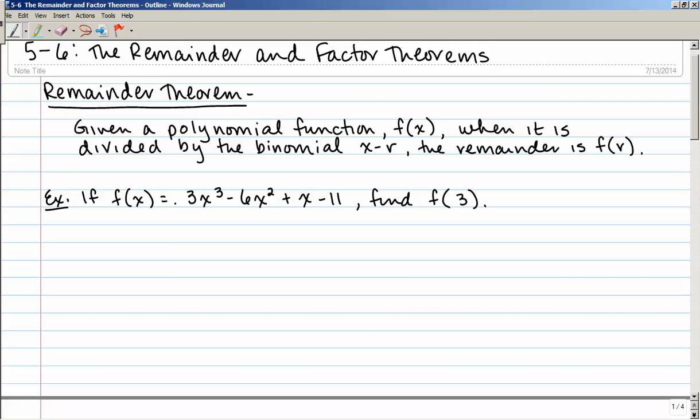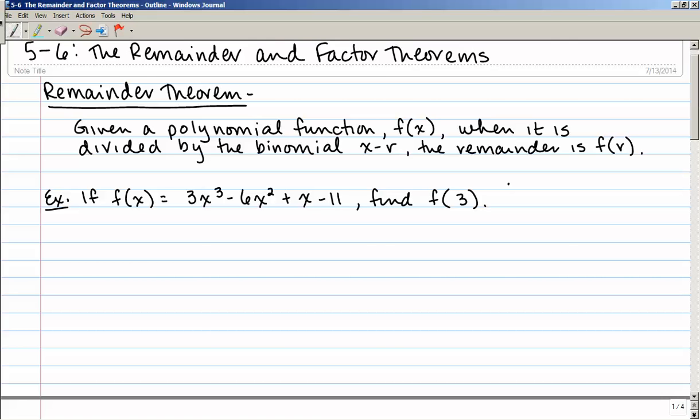So if f of x is 3x cubed minus 6x squared plus x minus 11, find f of 3. Now, we could plug 3 in for x and just PEMDAS the whole thing. But using synthetic division, it's a lot easier.